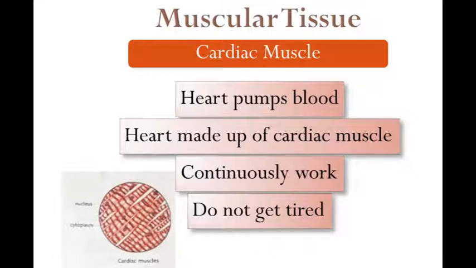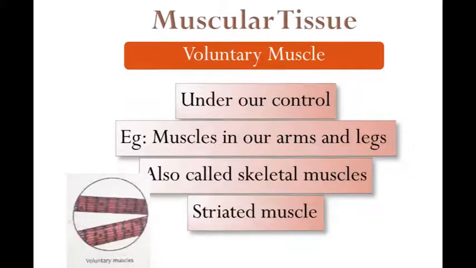Next, voluntary muscle. These muscles are under our control or will. For example, we can control the muscles in our arms and legs when we run, walk, or jump. The muscles attached to our arms and legs are voluntary muscles.